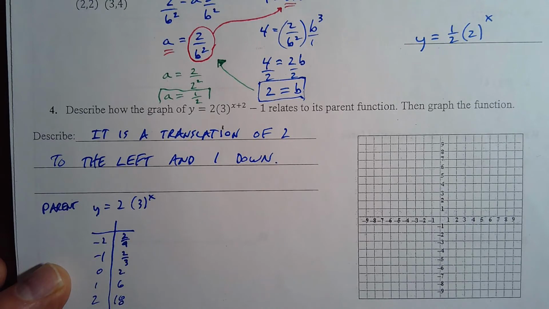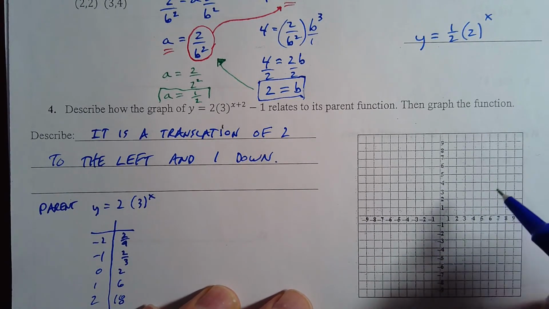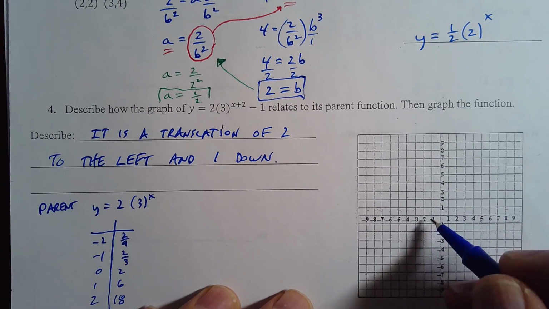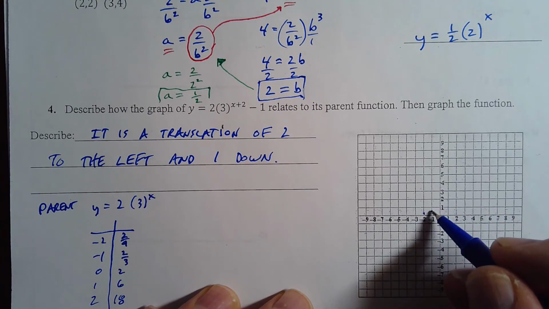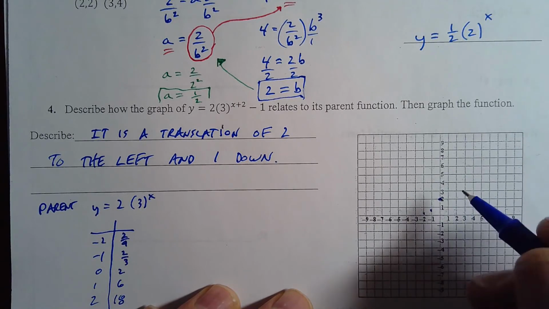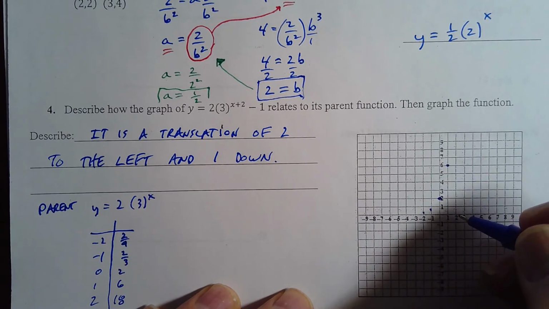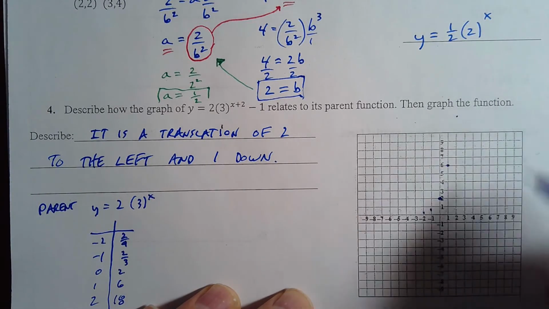Now, if we were to graph that one, you don't need to on this problem, but just so we can see that slide piece, -2 gives me 2/9. It's basically just above the x-axis there. -1, it's 2/3 of the way. 0 is up to 2. 1 is at 6. And 2 is off the grid up there.